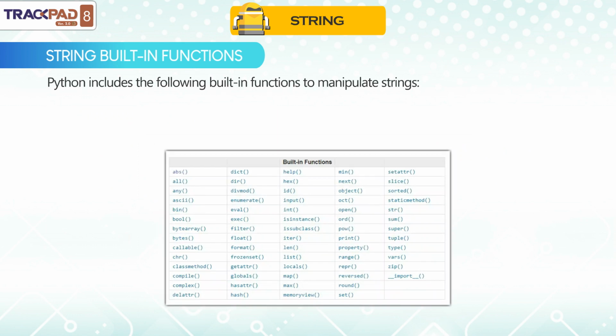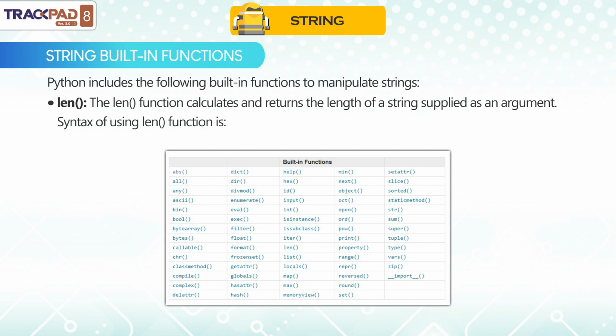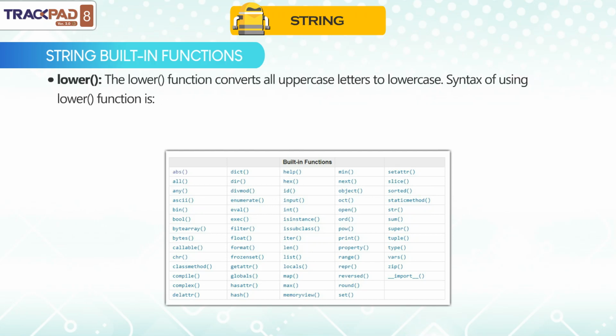String built-in functions. Python includes the following built-in functions to manipulate strings. The len() function calculates and returns the length of a string supplied as an argument. Syntax of using the len() function is len().